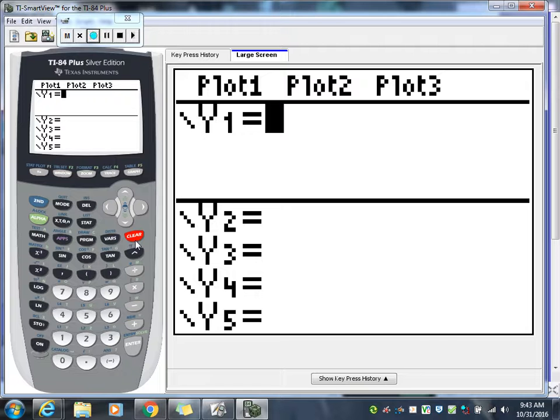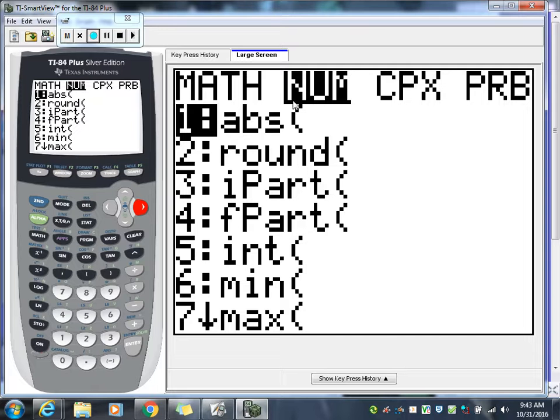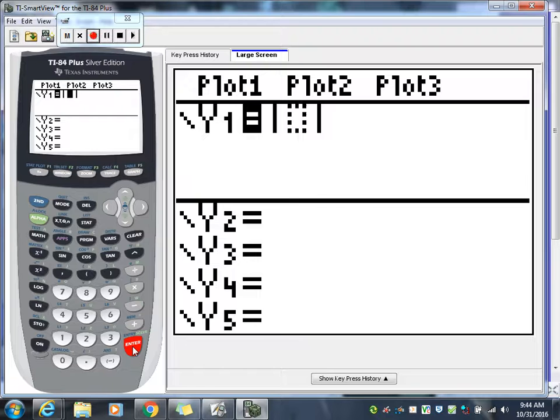So to get the absolute value, you're going to push the math button, which is the third one down on the left. You're going to hit the right arrow over once so that NUM is highlighted in the top of your screen. And then that first choice right there, ABS, that is your absolute value. So we'll hit enter.